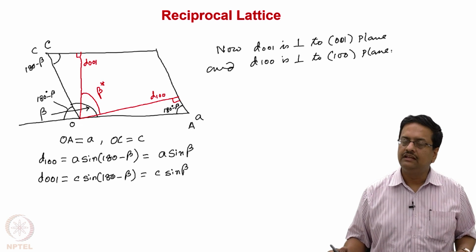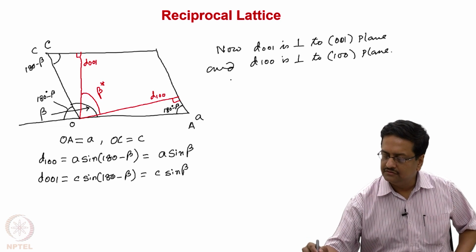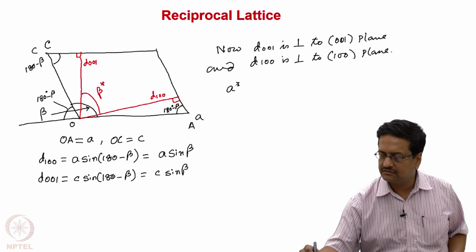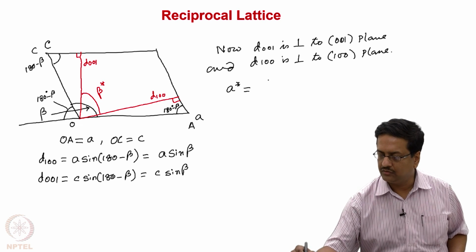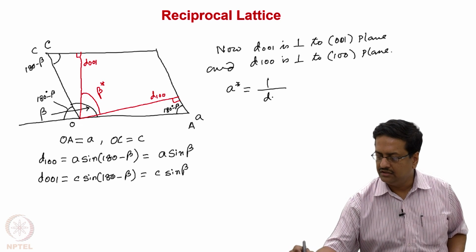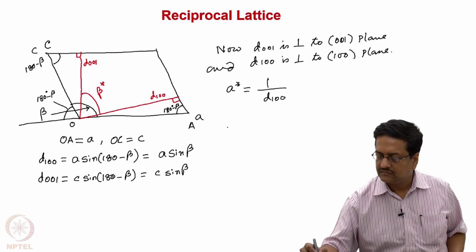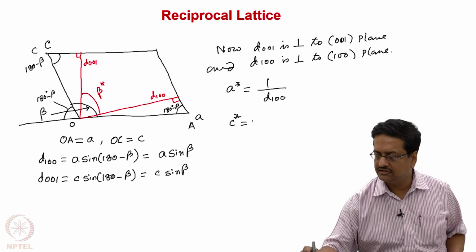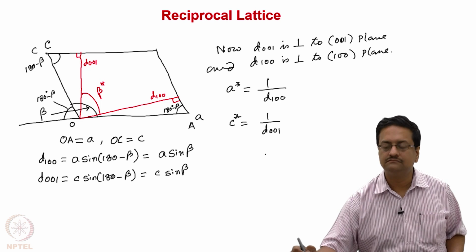So, the reciprocal lattice distance A star is equal to 1 by D100 and C star is equal to 1 by D001.